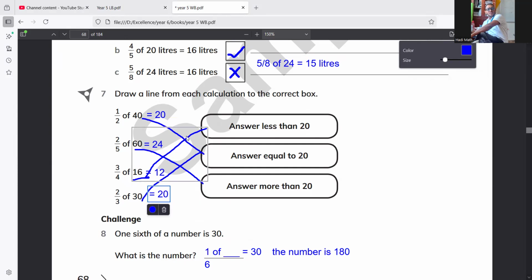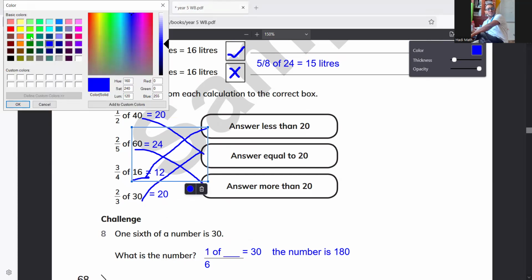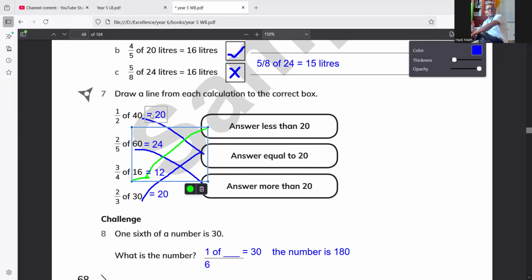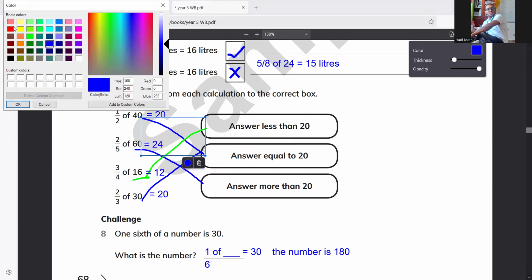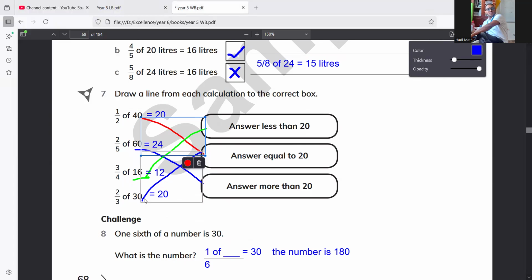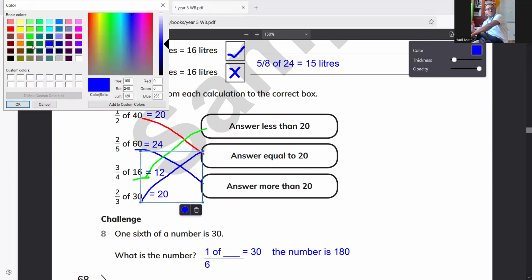I'm going to color it here to make the answers a little clearer for you. I like to change them to different colors. Okay, so I make this one green, and I make this one, for example, red. And I make this one also red because both of them have the same answer.